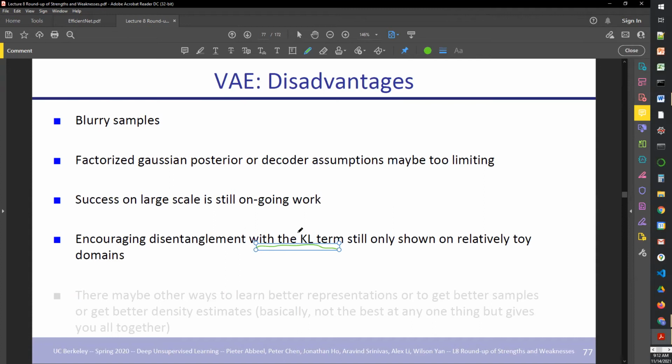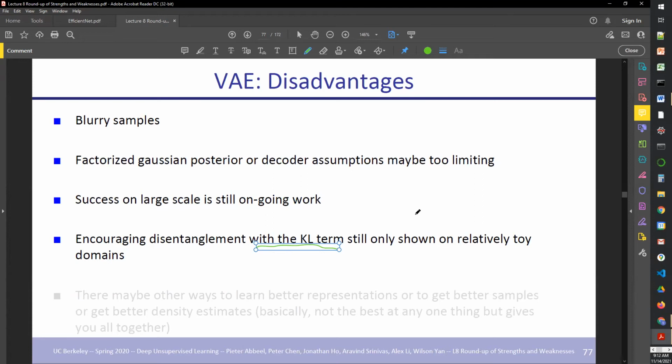That's what we end up with as the loss function. And it's playing with the KL term that gets us towards this disentangling in the latent space. But this disentanglement that people have shown is only practical in toy domains, not in anything substantially applicable in the real world.